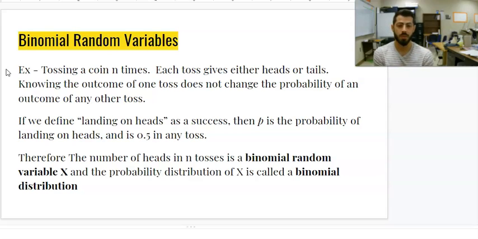And since I said that we're doing it 5 times, then we also know the number. So it's binary, it's independent, we know the number of trials, and the probability of success is the same for each trial. So we have our BINS. Therefore, this is a binomial random variable, where the number of times we successfully have the coin land on heads is our binomial random variable. So we can set up a binomial distribution for this setting.